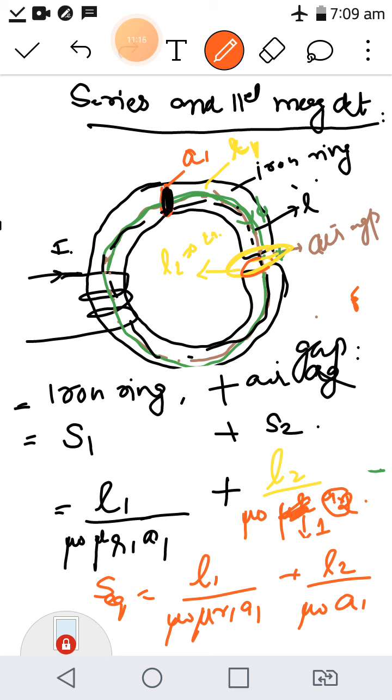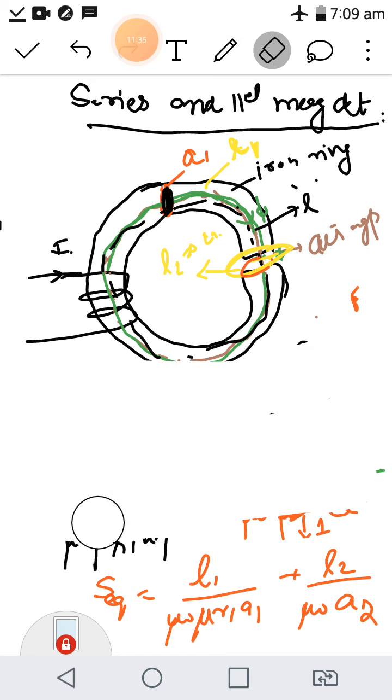If the area of the air gap is given as some other value, simply substitute that value for A2. If it is not specified, take the area of the air gap as equal to that of the iron ring itself. So you have calculated the total reluctance S equivalent.